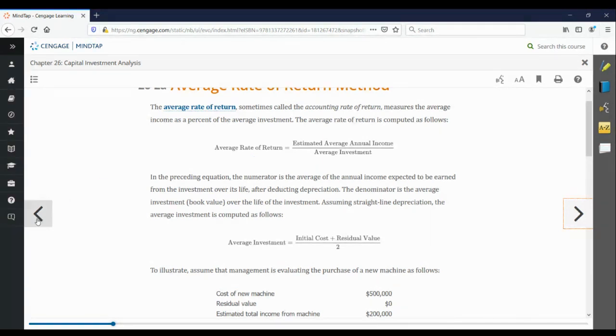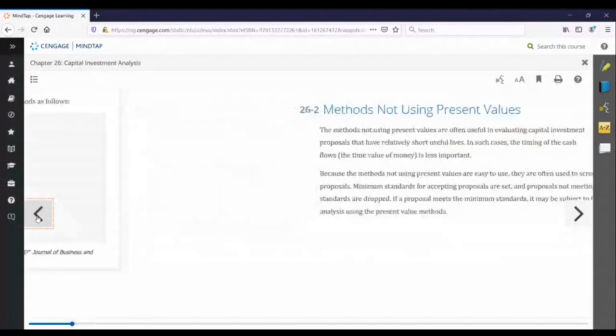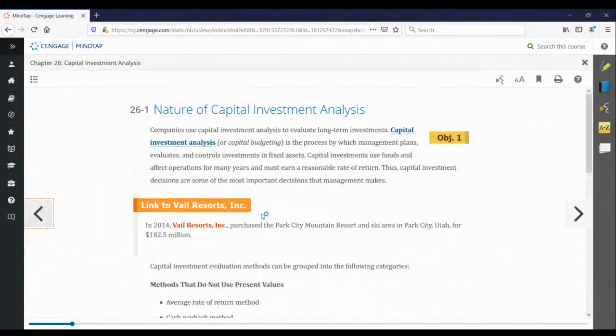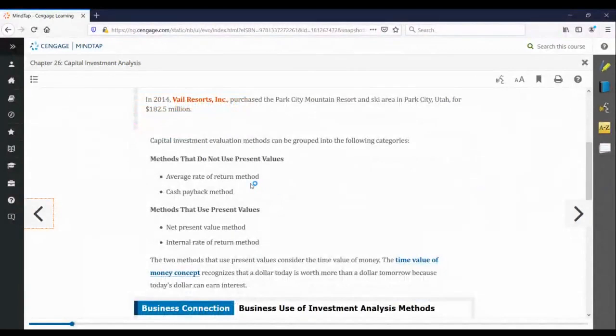You'll remember that we said that we're going to evaluate our assets, and I'm going to go back for just a minute, by these methods here. The average rate of return is one of the methods. We're going to look at the cash payback method also, and then we're going to do present value methods. There are two of those, the net present value method and the internal rate of return method.